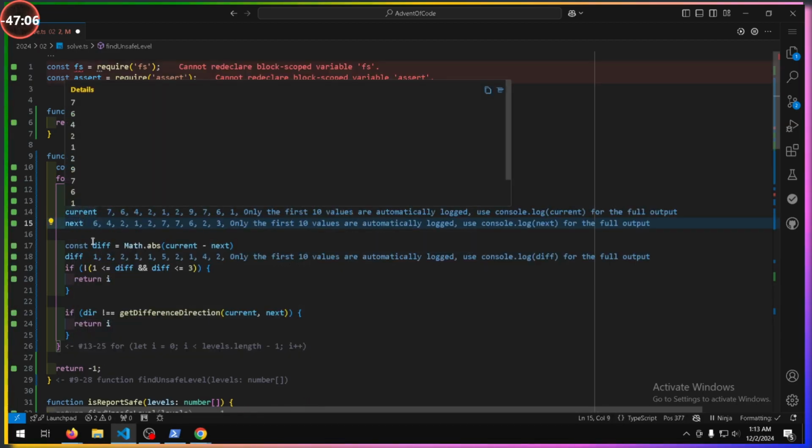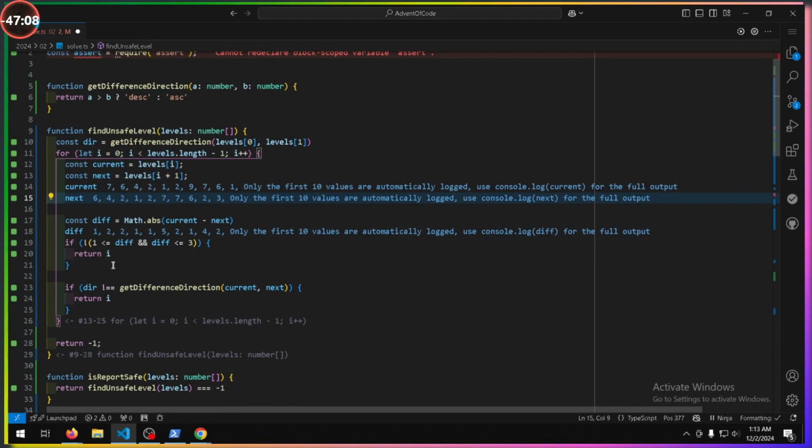So 7 and 6 has a difference of 1. 1 is within this range. This is a little kind of tricky, but not too crazy syntax of saying, hey, is diff between these two numbers? Inclusive, because I'm using the or equal syntax.